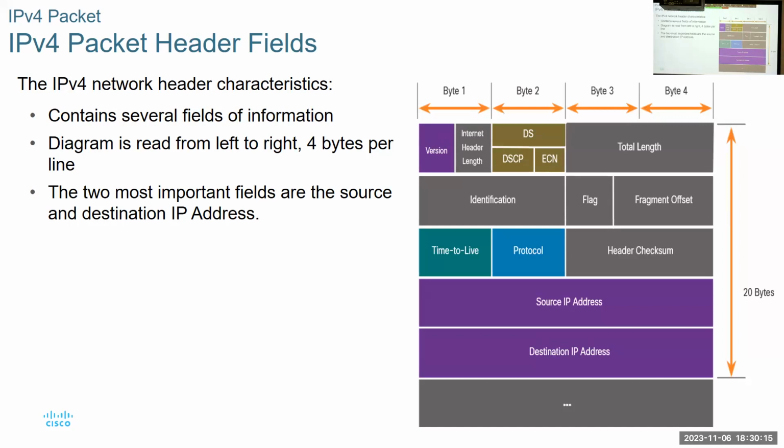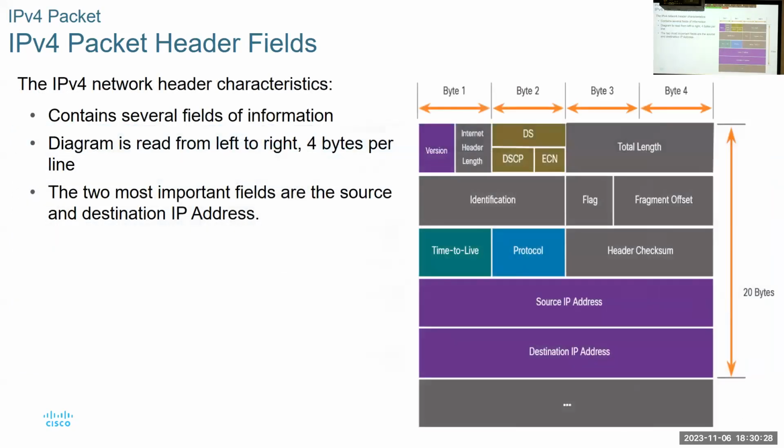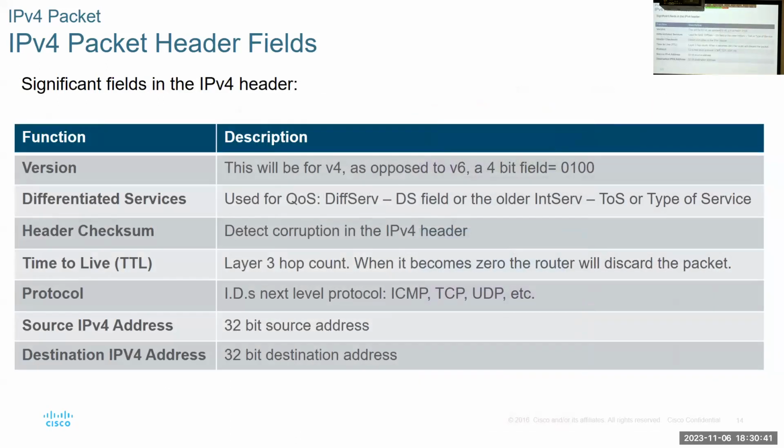Okay, just to look at some of those fields and what their purpose is. The version obviously tells you if it's version 4 or version 6. That's right there in the first 4 bits of the header. I guess they expect that IP will never go beyond version 15, since there are only 4 bits to represent it.